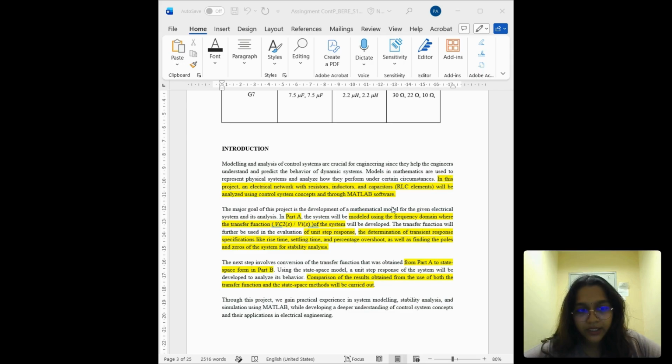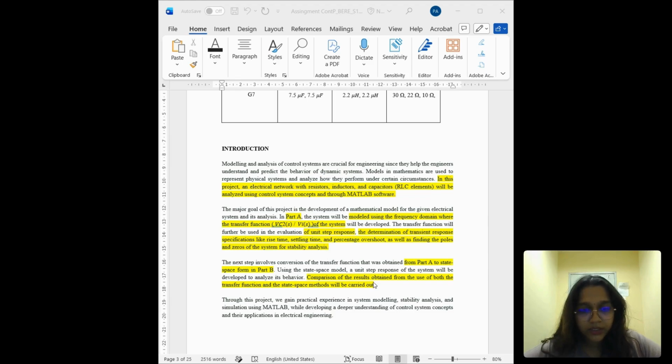As for part A, the system will be modeled using the frequency domain, where the transfer function of the system will be developed, and we will use that transfer function to evaluate the unit step response, determine transient response specifications like rise time, settling time, percentage overshoot, as well as finding the poles and zeros of the system.